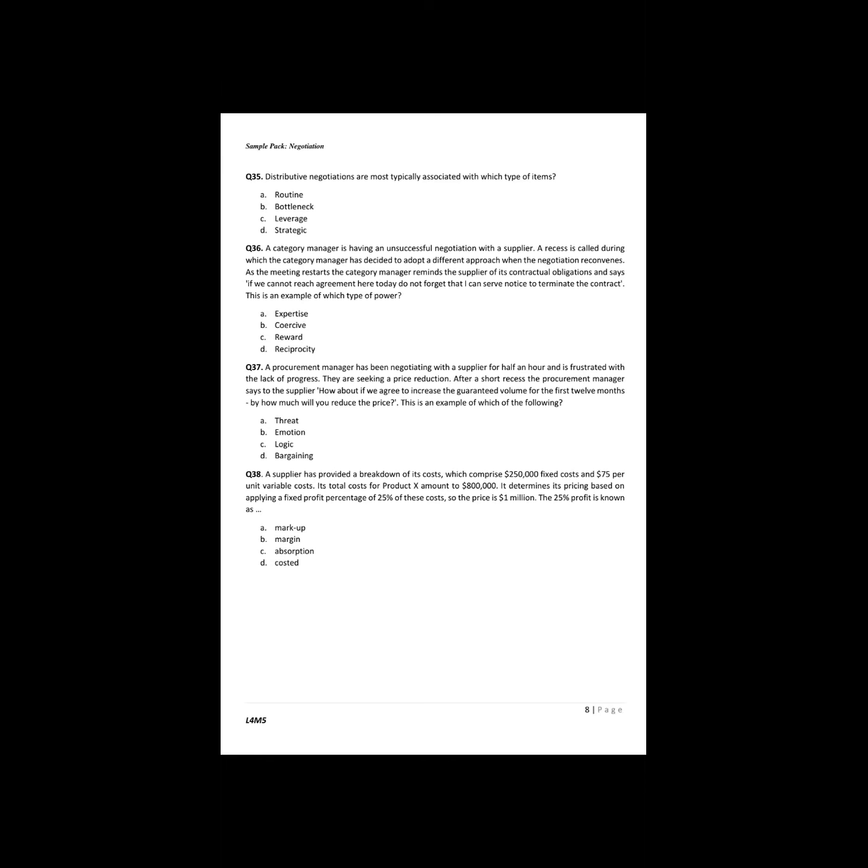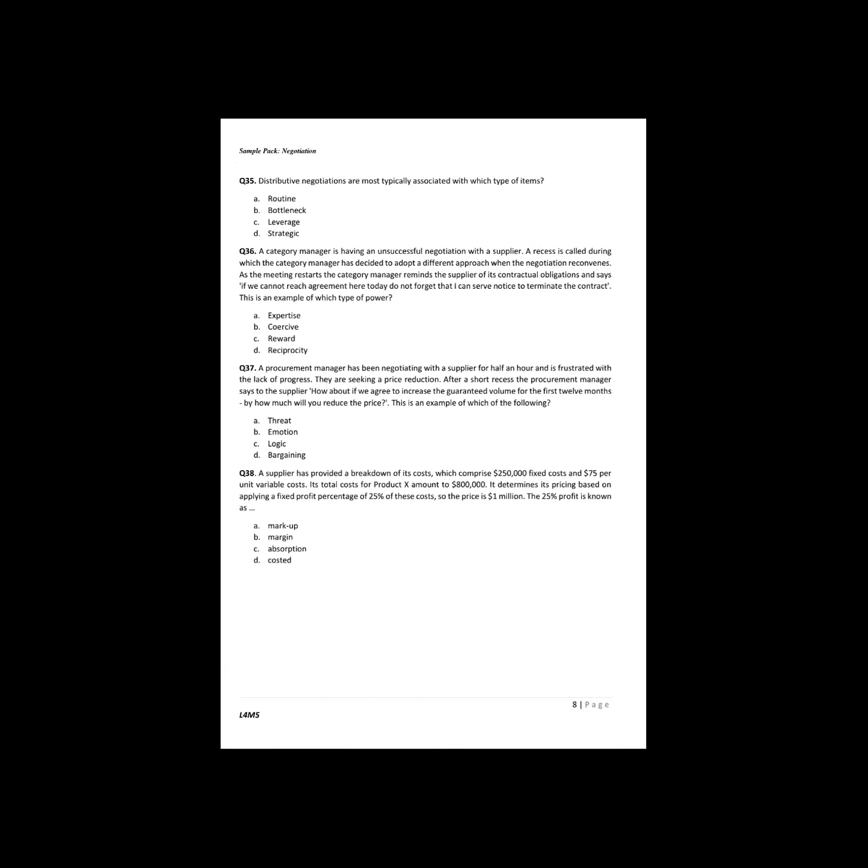As the meeting restarts, the category manager reminds the supplier of its contractual obligation and says, if we cannot reach agreement here today, do not forget that I can serve notice to terminate the contract. This is an example of which type of power? Coercive power.